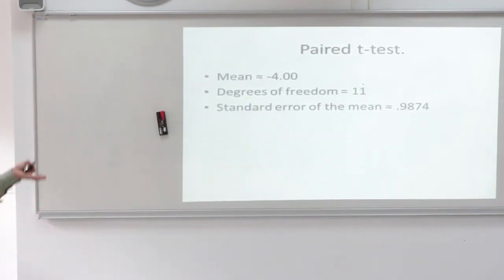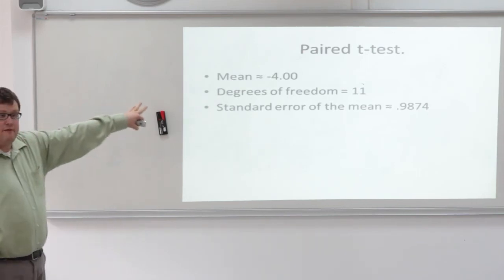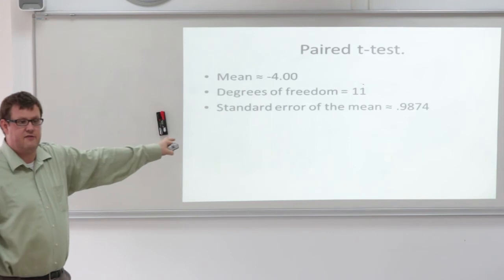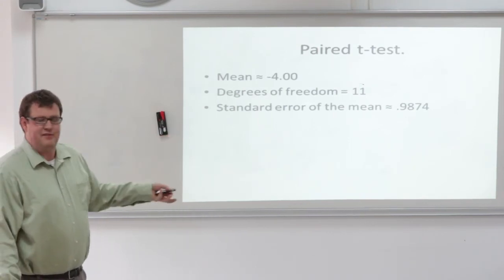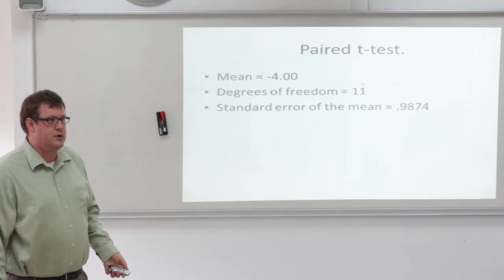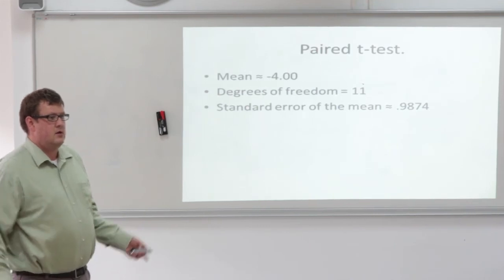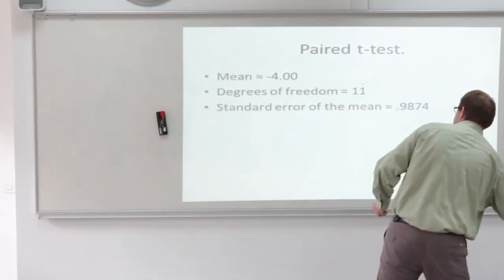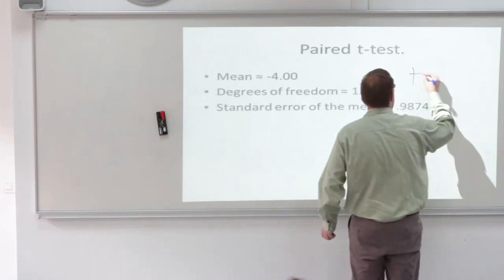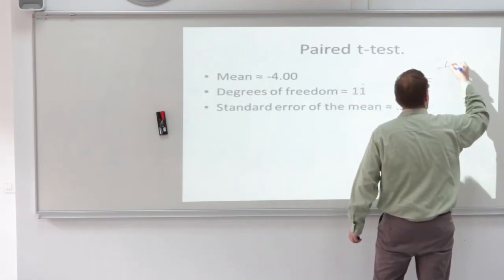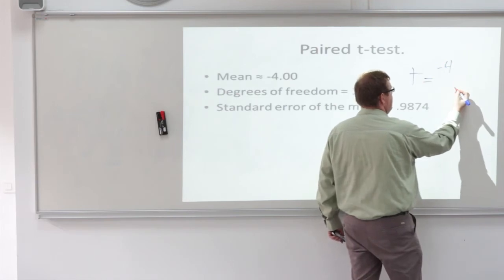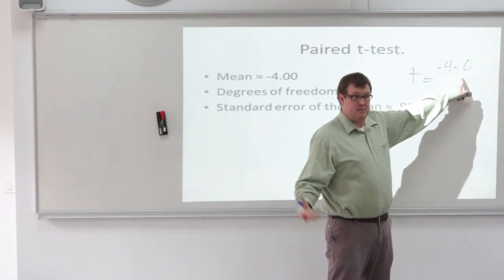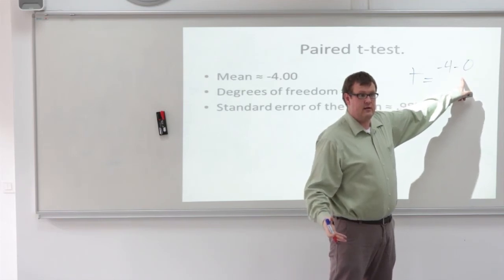So, now our paired t-test. We have our mean from before, we have the degrees of freedom, and we have the standard error of the mean, right? We have the information that we need to compute t. So, how do we compute t? T equals the mean, -4, minus 0, our predicted mean difference, right?